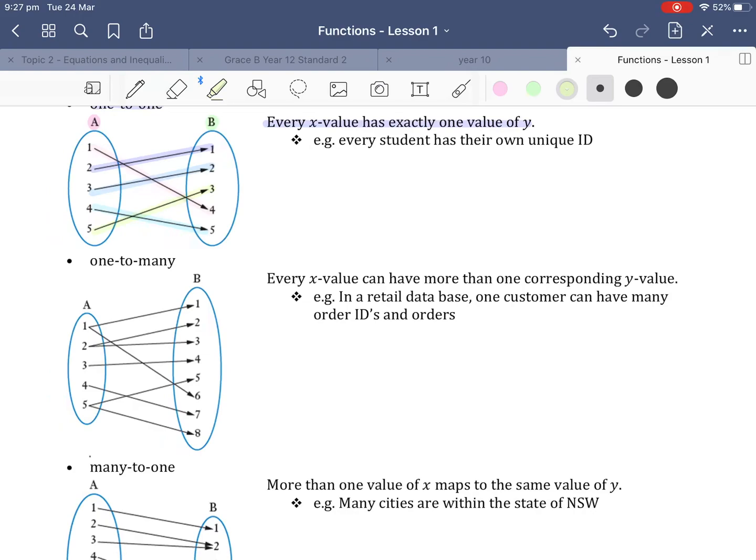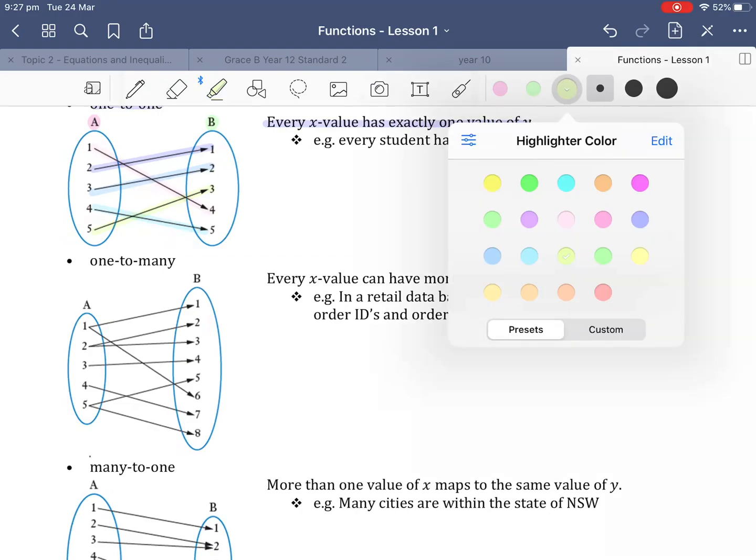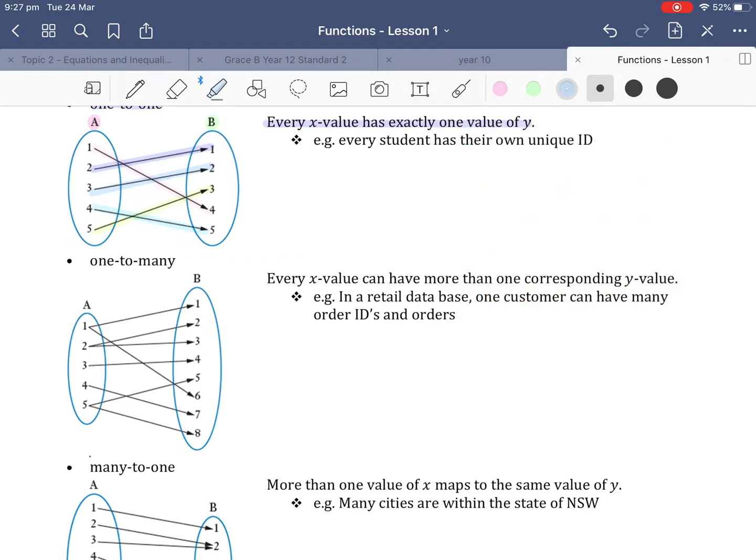The next type of relation is one-to-many. A one-to-many relation is a mapping where an element of A corresponds with 2 or more elements of B. For example, 5 in set A matches with 5 and 8 in set B. So let's have a look at this in a bit further detail.